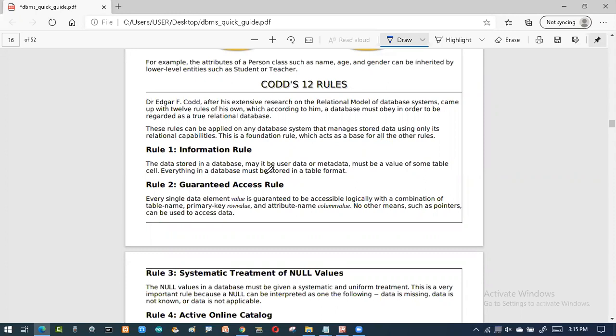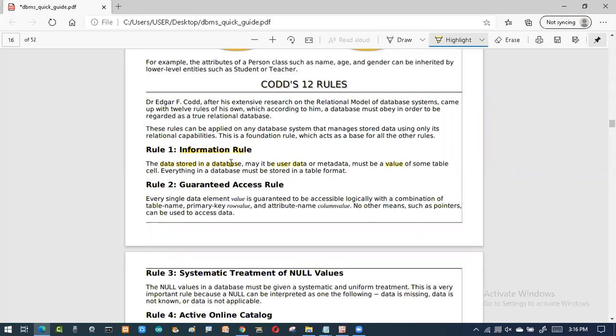Whenever Codd rule one is going to tell, it will be asking you to give the proper information. That is my first rule, the information rule. It says that whatever data has been stored in the database, whatever content you collected and are storing in the database, either user data or metadata, must have values.